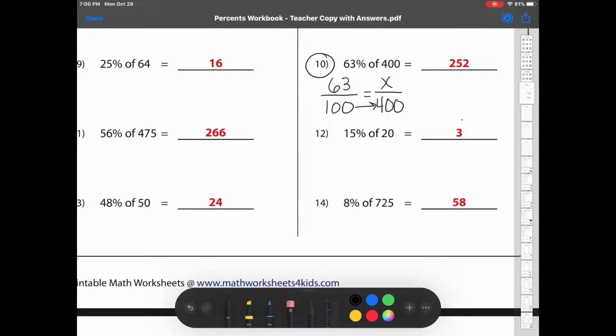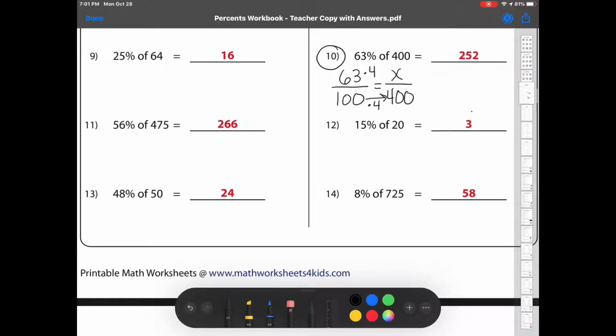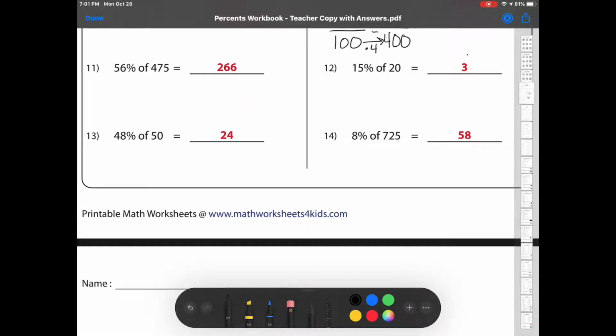To go from 100 to 400, we multiply by 4. So if I multiply my bottom, my denominator by 4, I'd also have to multiply my top by 4, and that would end up giving me 252. So common multiplier can also work when you have easy numbers like 100 becomes 400.